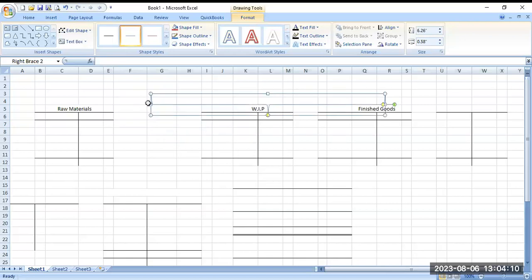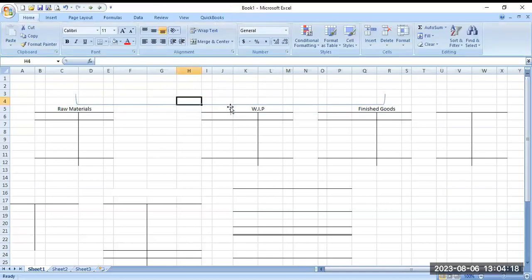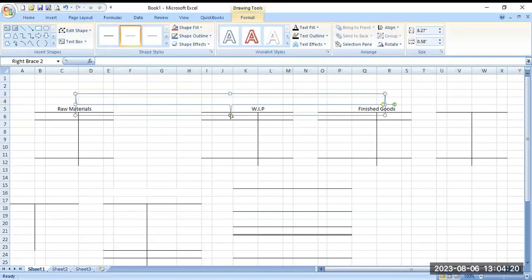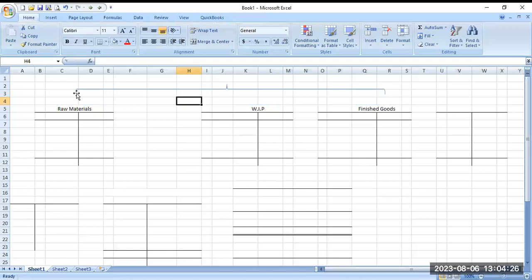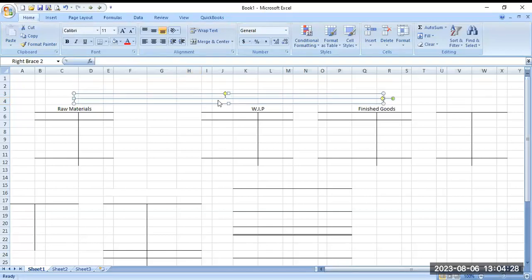So what we're going to do, we're going to get all those things and call it our inventory. But I have to move this one up. This will be our inventory accounts, correct? Yes.